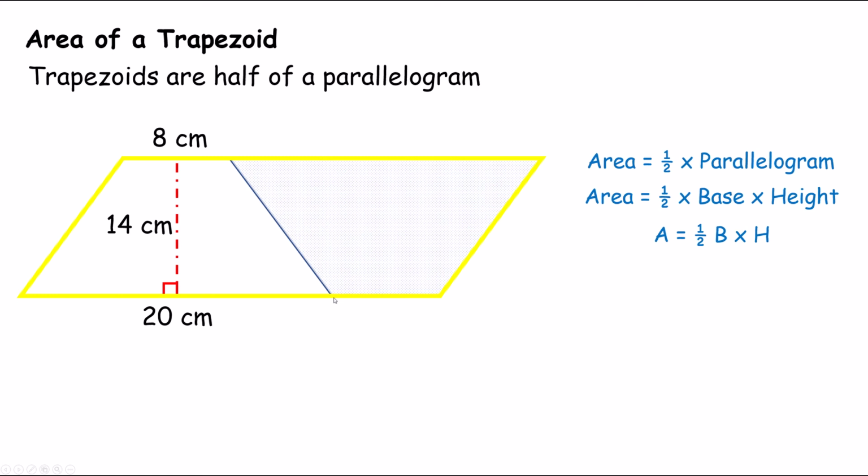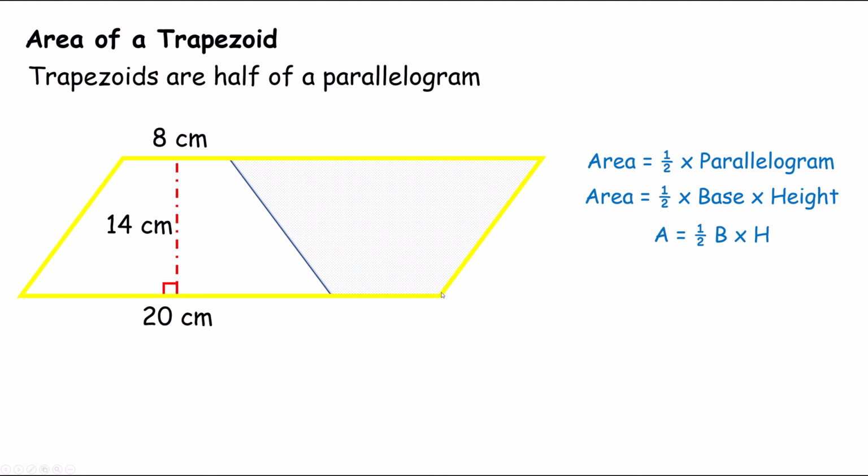And when we were working with triangles, we would just take that base times the height, and that would give us our solution. But in the case of a trapezoid, this 20 centimeters is not how long the base of my parallelogram is. My parallelogram has a longer base than the trapezoid did. The trapezoid goes from here to here, that's 20.